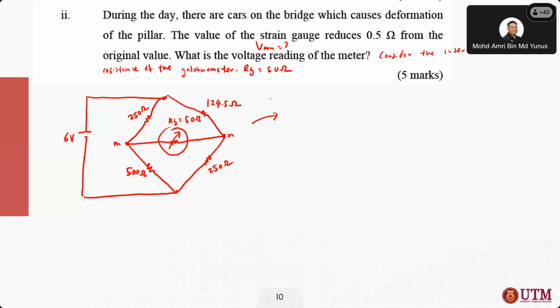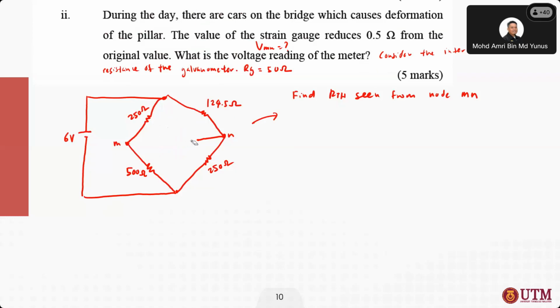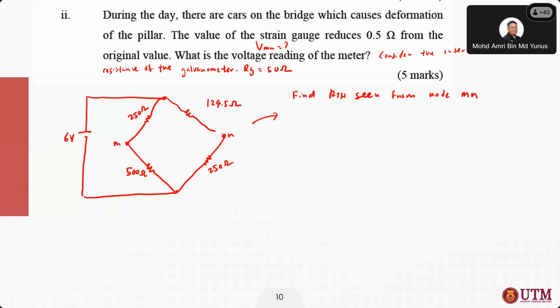So the first step is to find RTH seen from node MN. So we want to find what is RTH here.